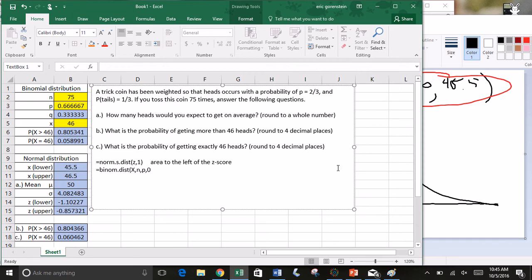So for the cumulative function 0, that means do not use the cumulative function. This gives me the probability that x equals exactly 46.